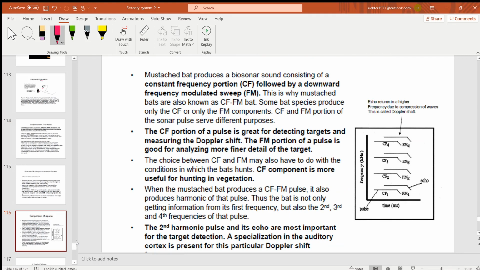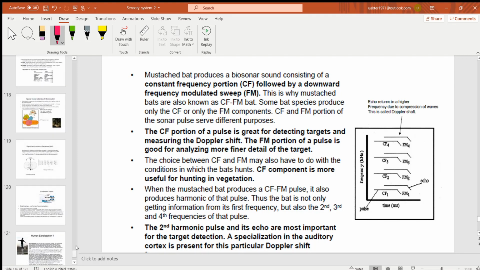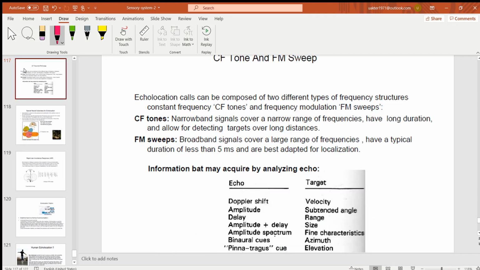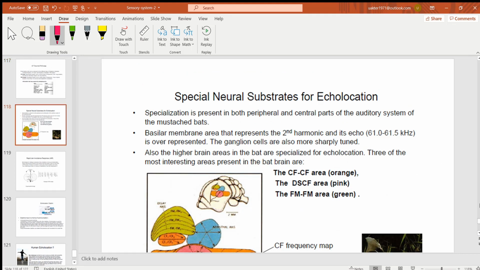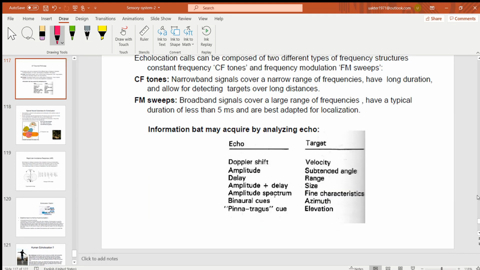how bats use their pulses and analyze the echo, and which information is given by which information from the echo. So the echo that returns into the bat's brain, a number of information is present in that echo.